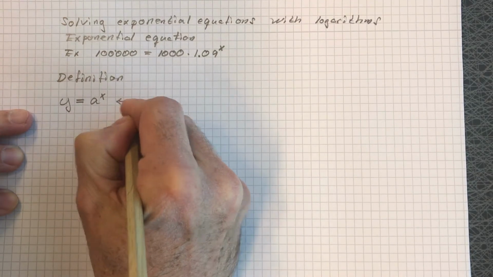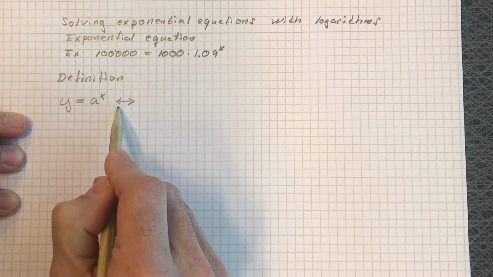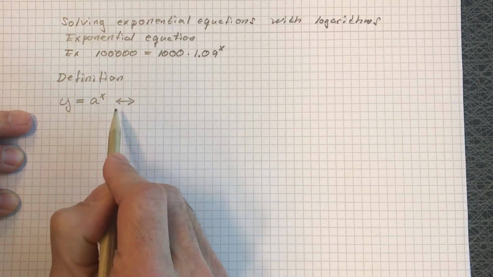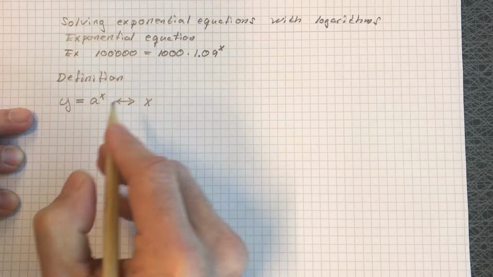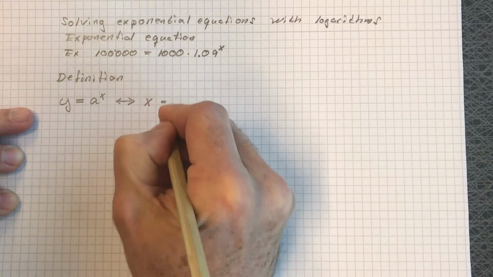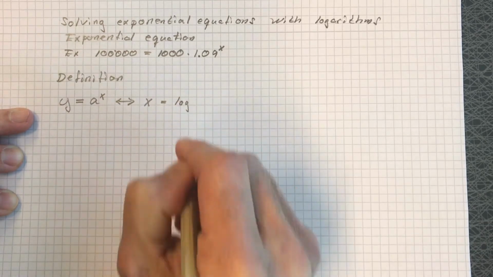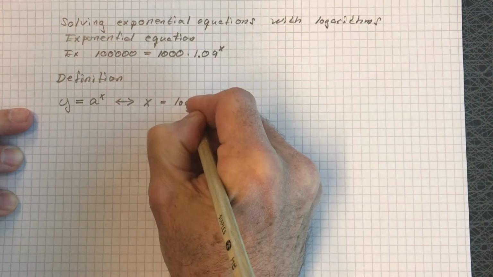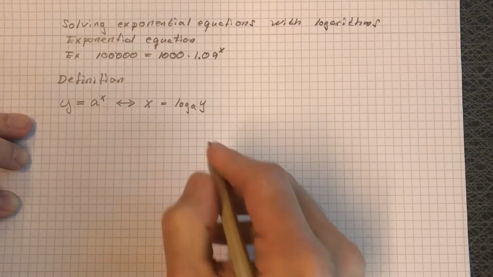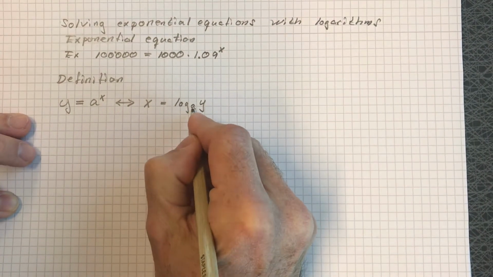Then this is the exact same, if and only if, it's equivalent with saying that this x, the exponent, is equal to the logarithm of y with base a.